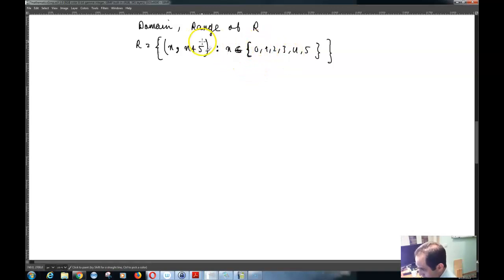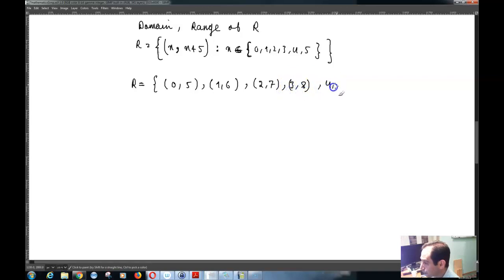Now you can see that your R is going to be, for example, 0 plus 5 is 5, 1 plus 5 is 6, 2 plus 5 is 7, 3 plus 5 is 8, 4 plus 5 is 9, and 5 plus 5 is 10.